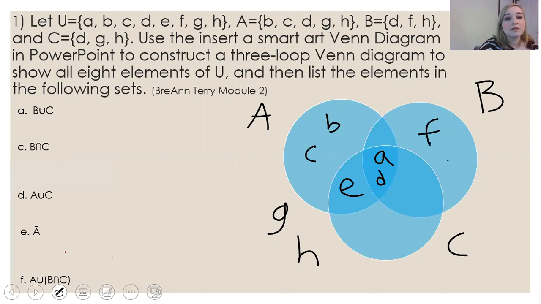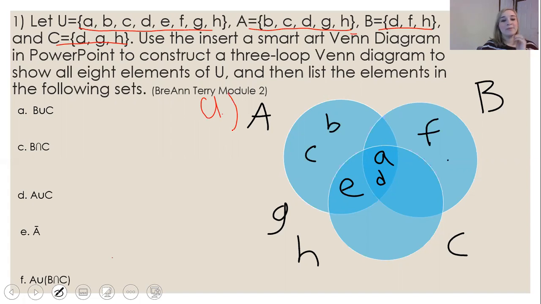And it says, let U equal this, let A equal this, B equal this, C equal this. And we're going to use the Venn diagram to show all the elements of U, which is what this is called. And then we're going to list all the elements to the following sets.